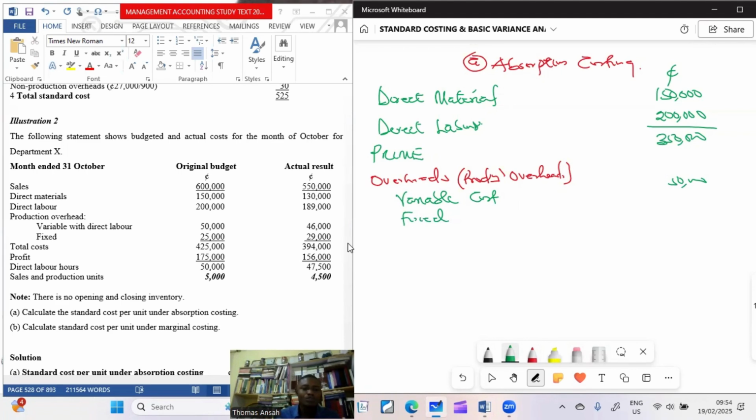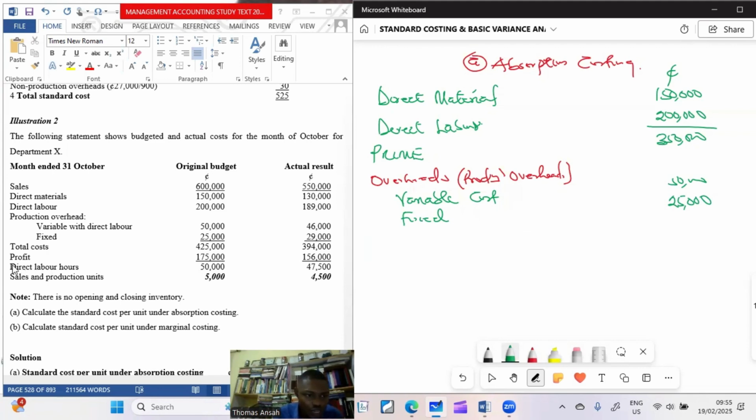So usually you will be doing budgeted overheads over budgeted base. So then you multiply it back, so it will be the same. If you pick 25,000 divided by, let's say the base is 5,000 units, and multiply it back, you will get the same thing. So here you have 25,000.